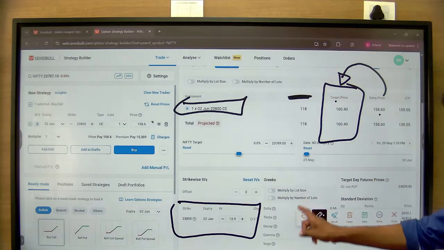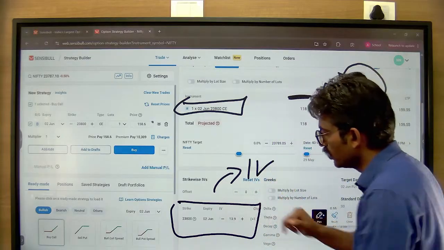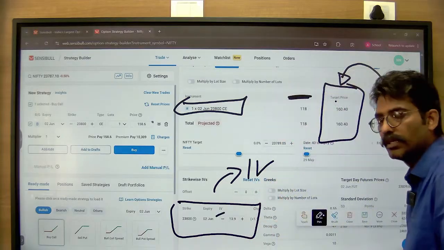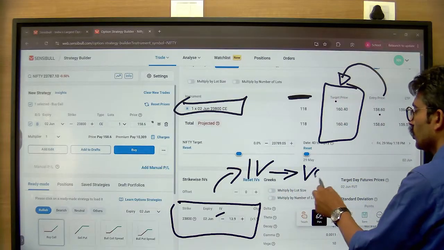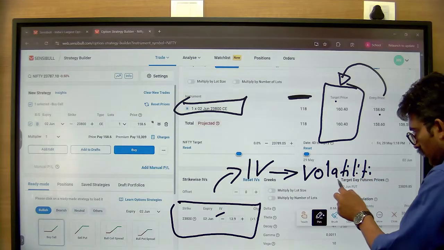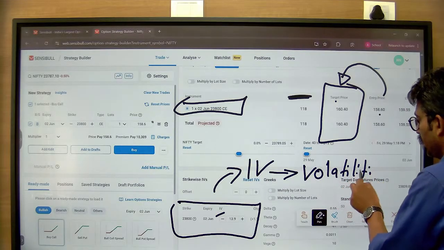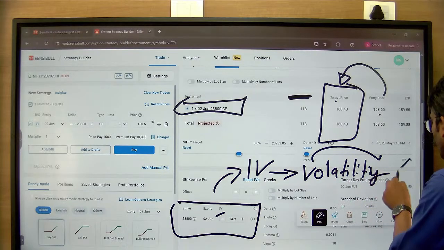I will change this letter or terminology which is known as V. The moment in a derivatives class you see V, you should think of volatility. Now it is correct. And volatility, if you look carefully, if you just turn it around, it looks like this.